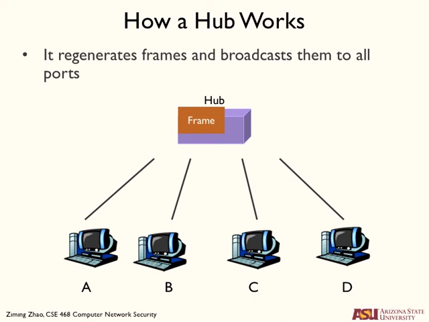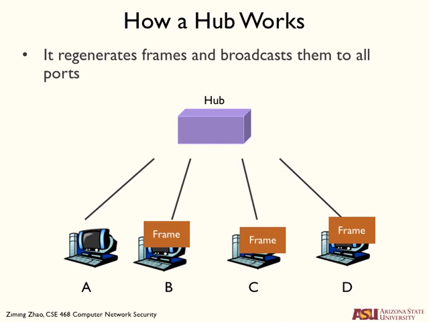And the hub will just make three copies of it and send them to all the computers. So the problem is, computer B should never get this. What if it contains some sensitive information, like some secret communication between A and C? And it will consume bandwidth because they are sharing the same communication channel.